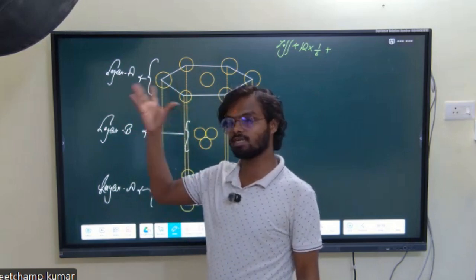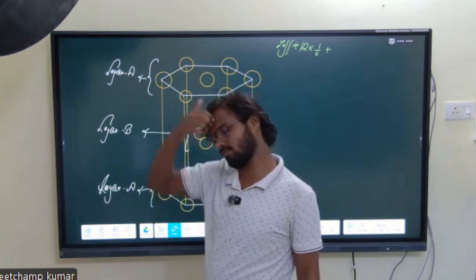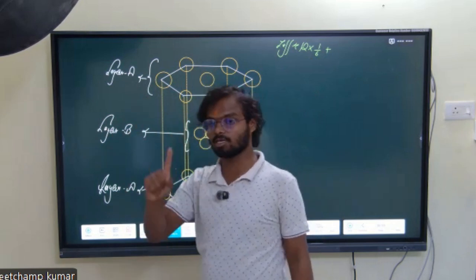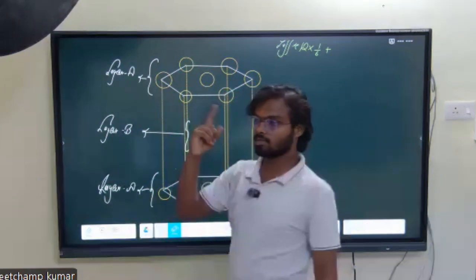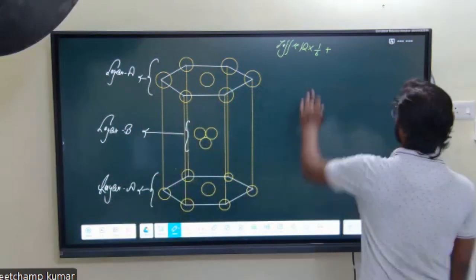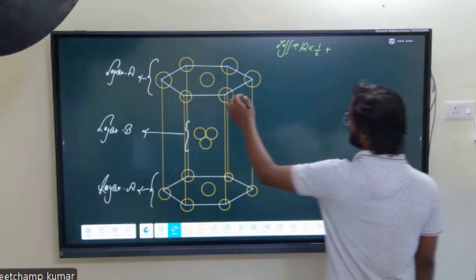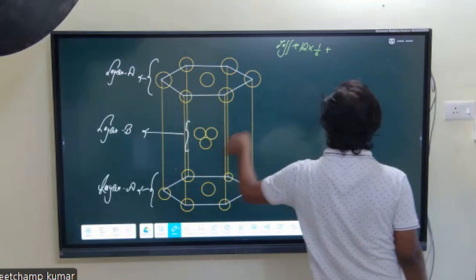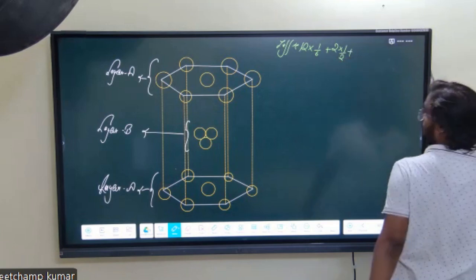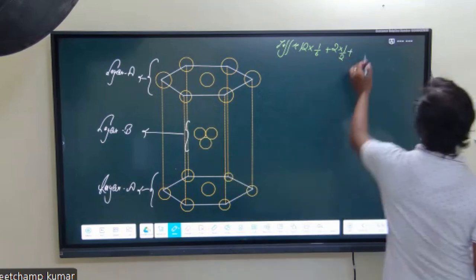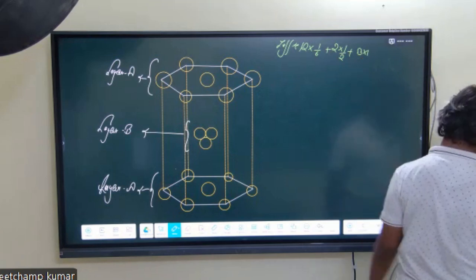Similarly, in a cube we have 8 corners, so the contribution is 1 by 8. Here, with 6 corners on one side, the contribution is 1 by 6. How many atoms are at the face? 2 atoms at the face, and the contribution is 1 by 2. How many atoms at the body center? 3 atoms at the body center, and the contribution is 1.